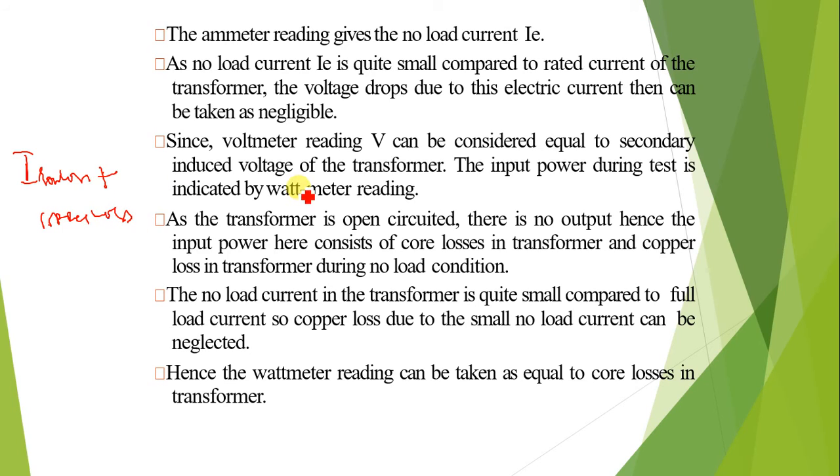In case of open circuit, this copper loss is negligible. So whatever we get is iron loss. This can be taken as core losses. The wattmeter reading can be taken as equal to core loss. Whatever the wattmeter shows is nothing but the core loss.